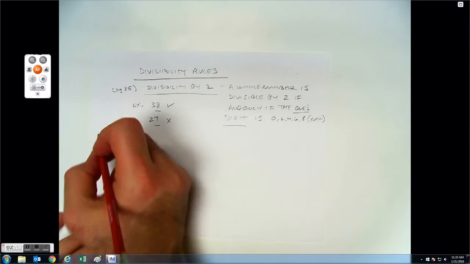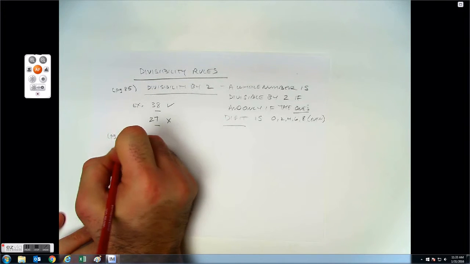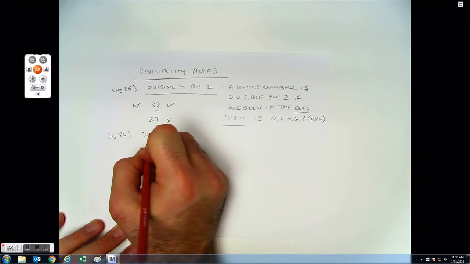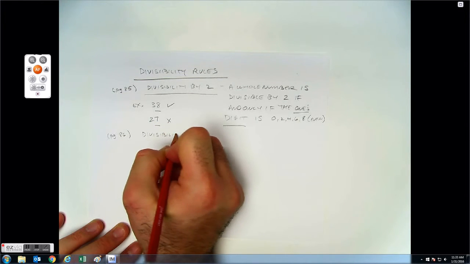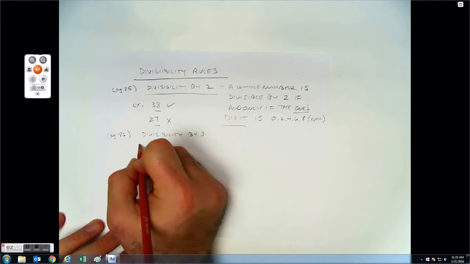Okay, the next divisibility rule we're going to use is on page 86. And this is divisibility by 3.